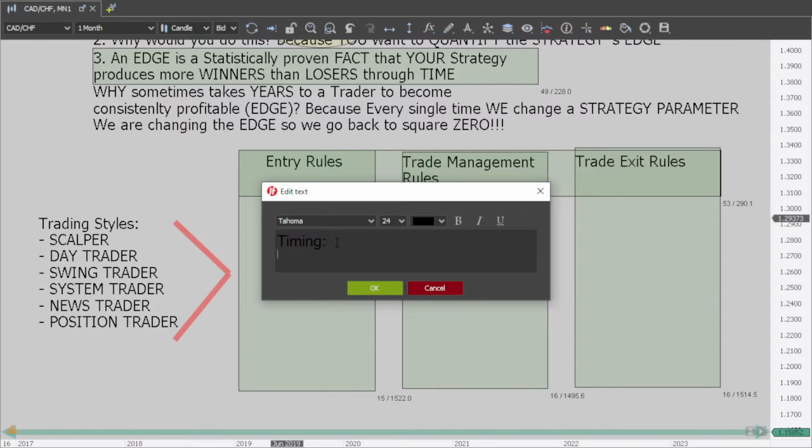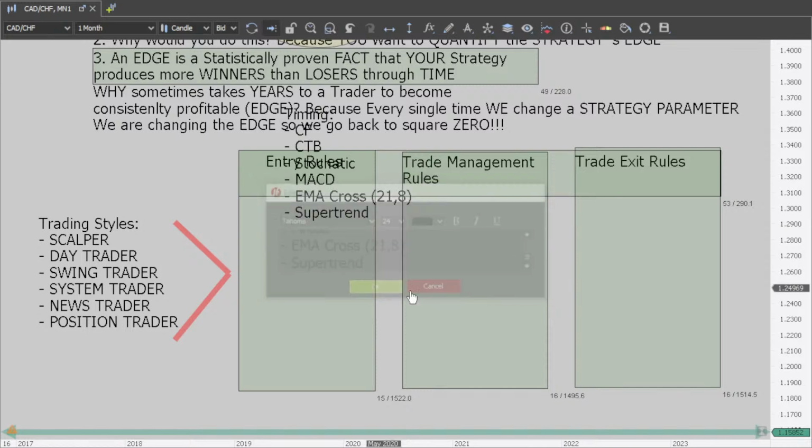Talking about timing, we are using candlestick formations, counter trend line breaks, and you can use stochastic if you want, you can use MACD, you can use EMA cross, popular 21 and 8, you can use super trend, and so on and so on.